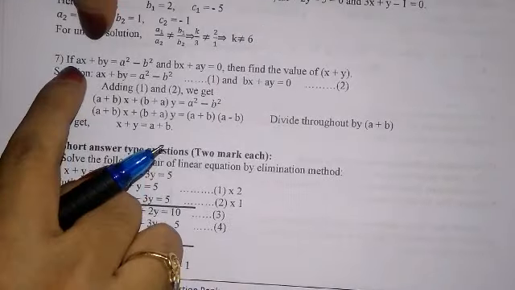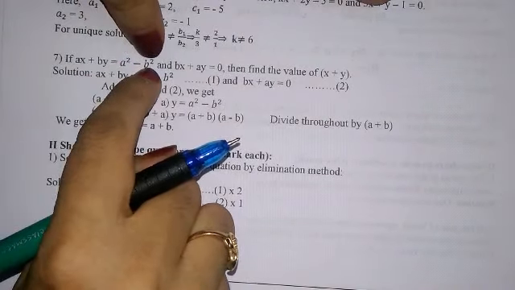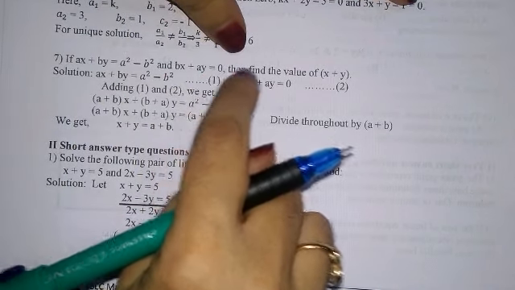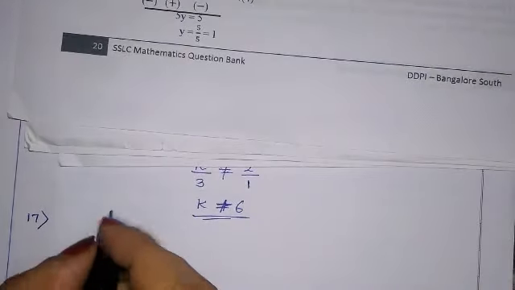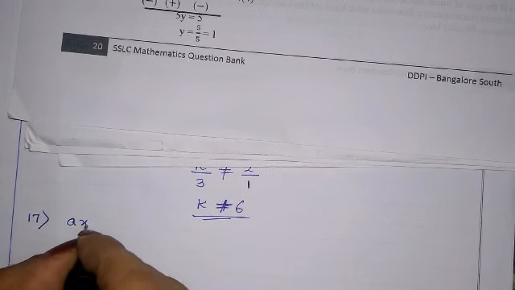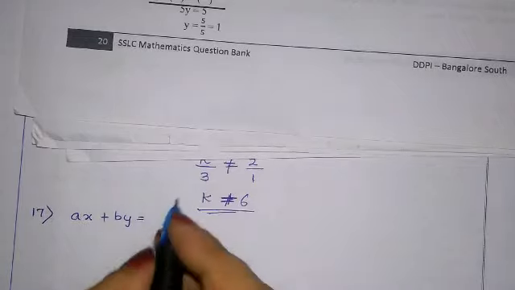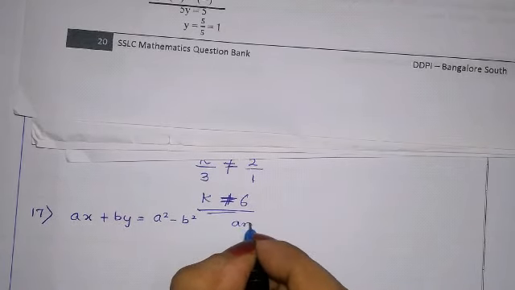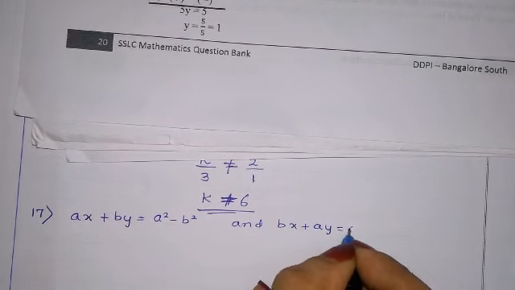If ax plus by is equal to a square minus b square and bx plus ay is equal to 0, then find the value of x plus y. This is a bit different question. Let me write the question. ax plus by is equal to a square minus b square and bx plus ay equal to 0.